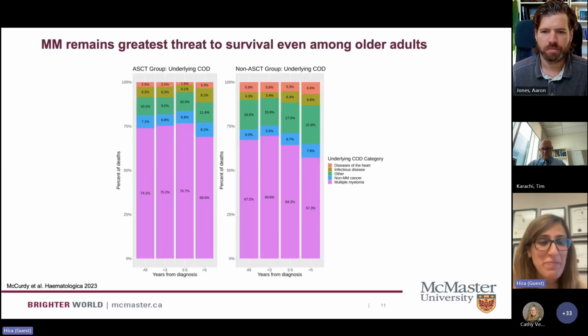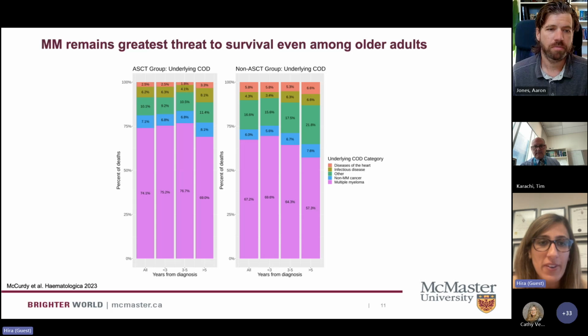The other one that people kept talking about was that among older adults, perhaps myeloma is not the leading cause of death, that we really need to focus more on supportive care, and perhaps having novel therapies is not as important in older adults versus younger adults.